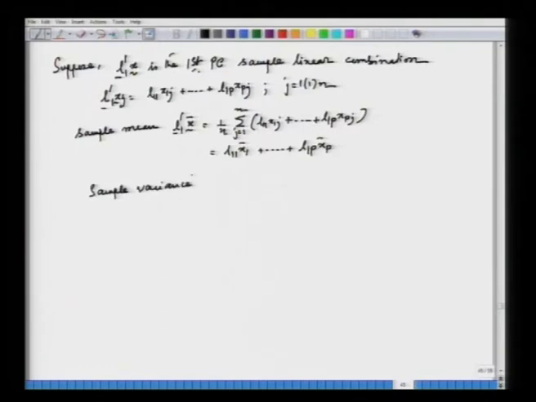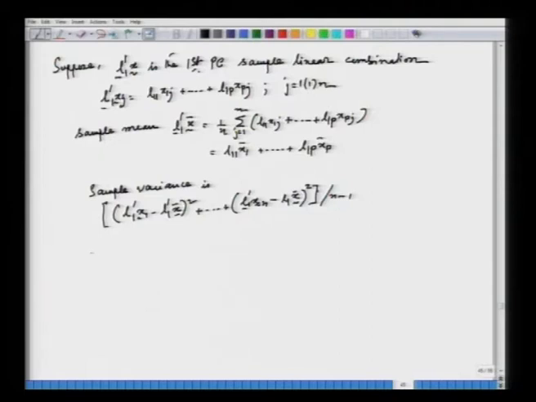And the sample variance in that case is: you have L1 prime X1 minus, you have to consider the mean out of it, so L1 prime X1 minus L1 prime X bar, whole square, up to L1 prime Xn minus L1 prime X bar, whole square, and this is divided by the divisor n minus 1.